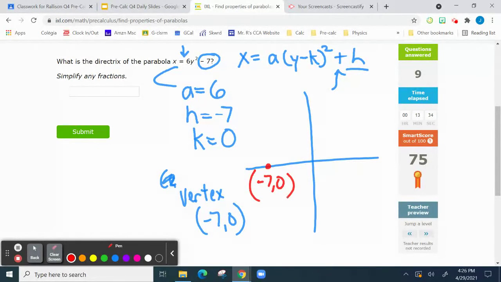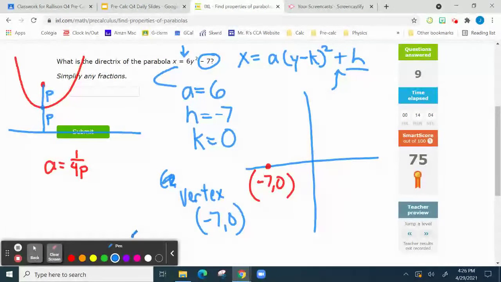And then we need, so remember that a equals 1 over 4p, right? And p is the distance. Remember, we did this a couple minutes ago, right? p is the distance from the focus to the vertex, or the distance from the vertex to the directrix.